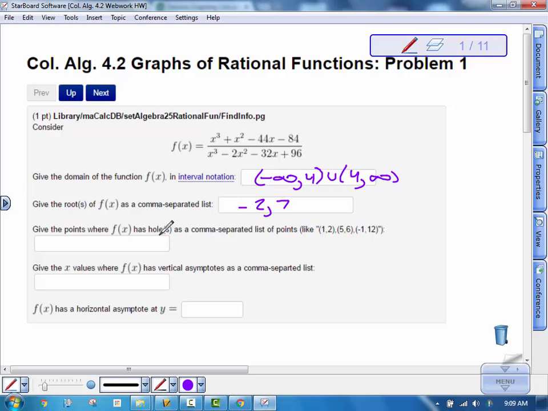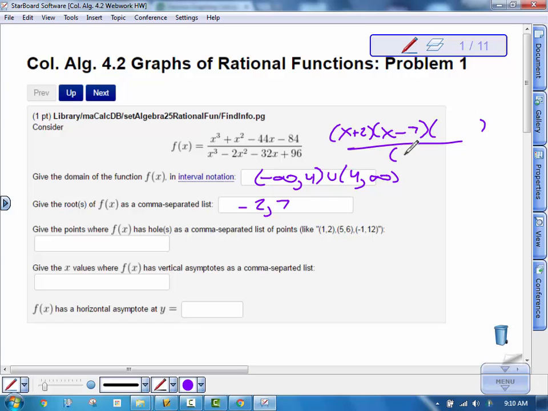And then give the points where this has holes. It wants them as a comma-separated list of points. Okay, holes are where we have zeros at the bottom and zeros at the top that are the same, or basically where there's a factor in the top and a factor in the bottom that cancel. In this case, we know the top has factors x plus 2 and x minus 7. It has another linear factor of some sort, we don't know what this is, but that doesn't matter.